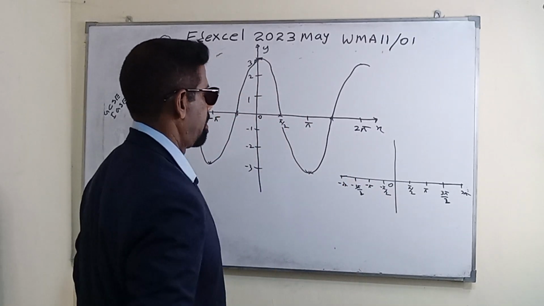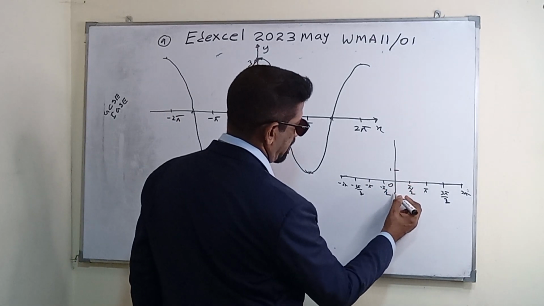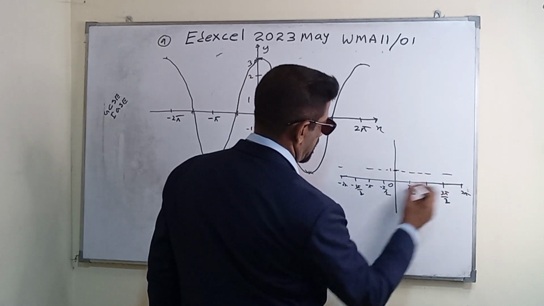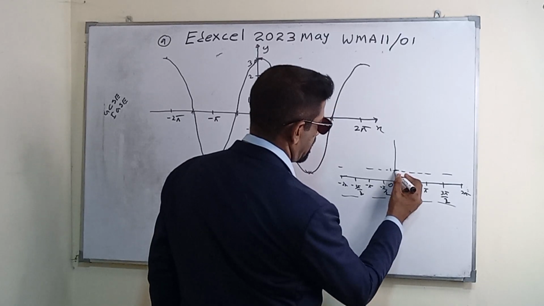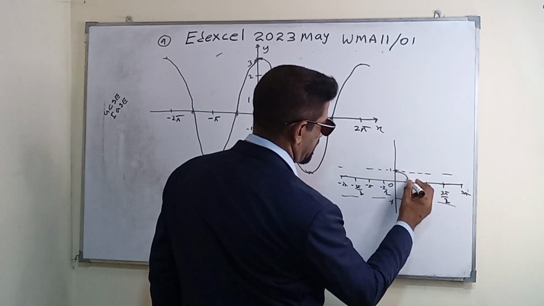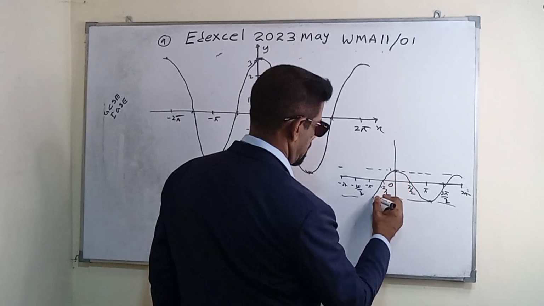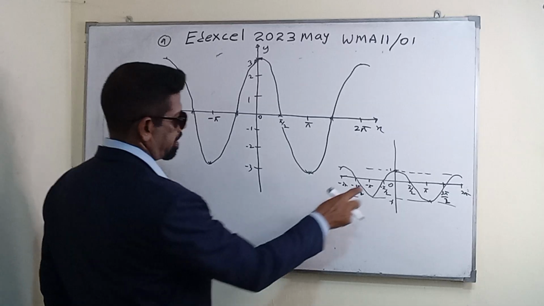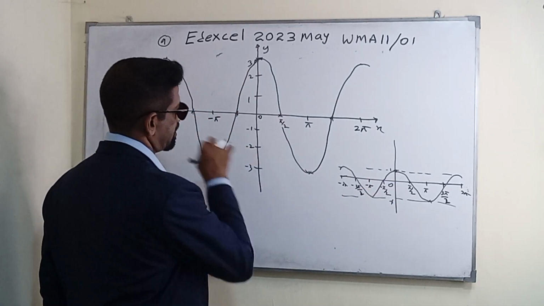We know that cos 0 is 1, and cos 5 over 2 is 0, cos 5 is minus 1, and cos 3 5 over 2 is 0. That is the graph shape. First you identify the value at 0, which is 3.